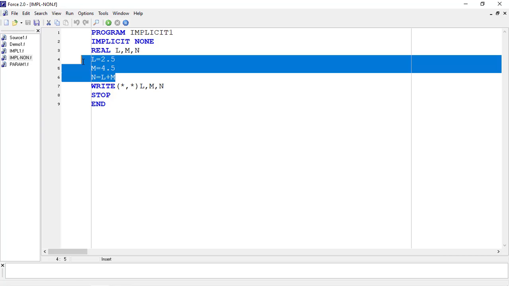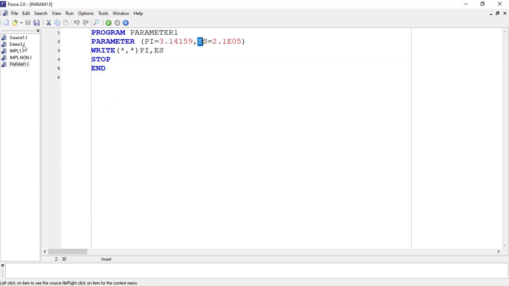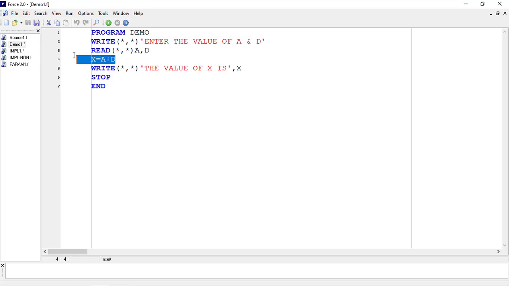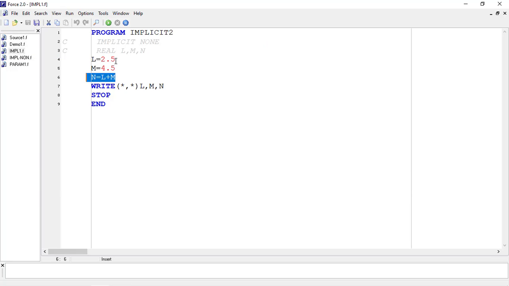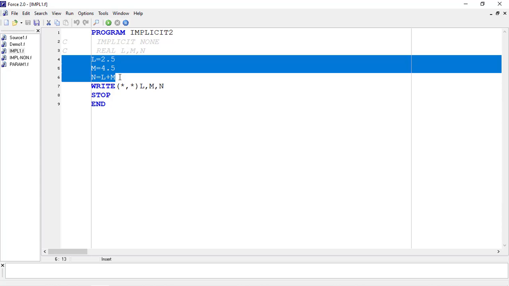This is how the assignment or initialization statement is written in the program. These three lines, numbers 4, 5 and 6, are considered assignment statements.